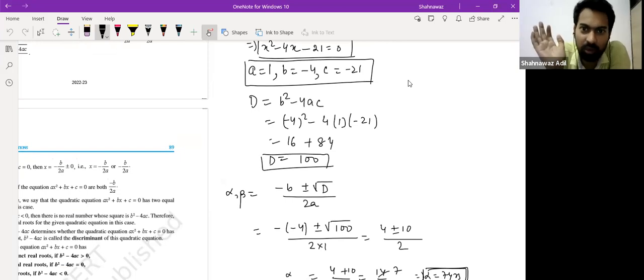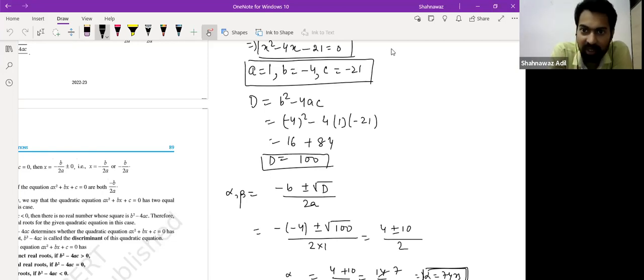Any method you know better, any method you feel you excel in. Whenever they specify a method, then you use that method only. Otherwise, I usually use this method because it has a lower chance of error.